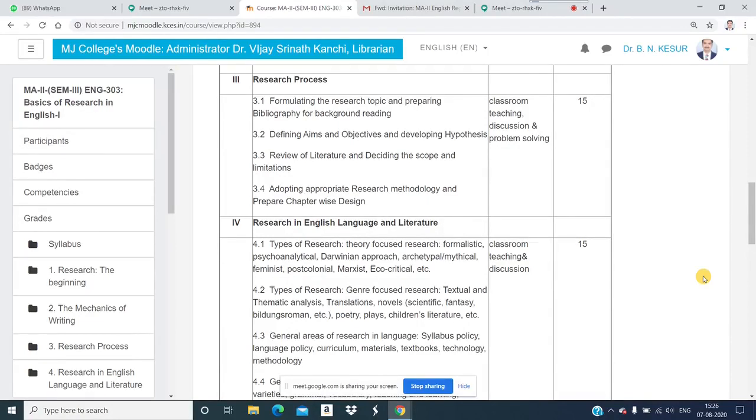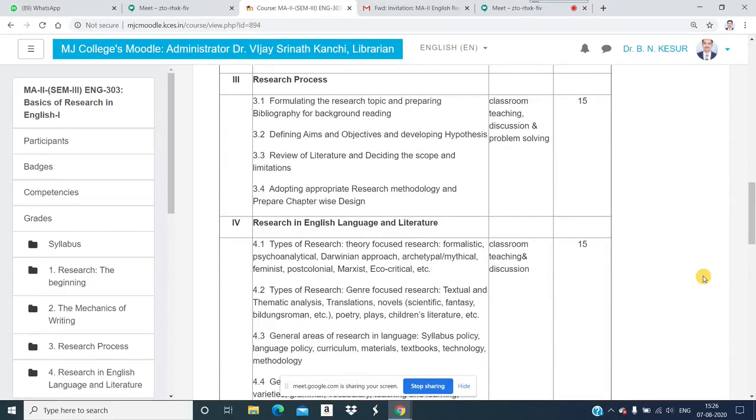What objectives he has decided for this research work, and then he has to develop the hypothesis also. Then he has to consider the review of literature. So he has to refer to the works done by others in the same area: what people have done and what I am going to do.